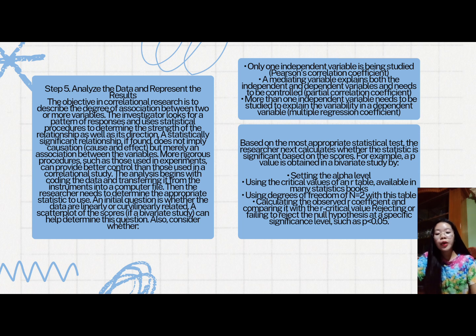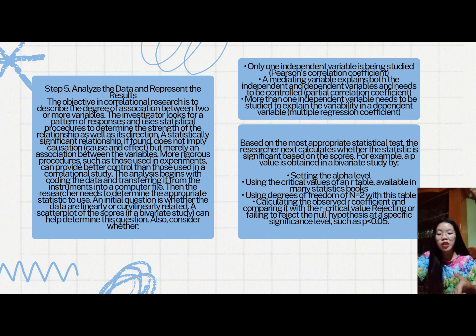Also, consider whether only one independent variable is being studied, for which we use Pearson's correlation coefficient. When we say Pearson's correlation coefficient, it is used when you have two quantitative variables and you wish to see if there is a linear relationship between the two variables.